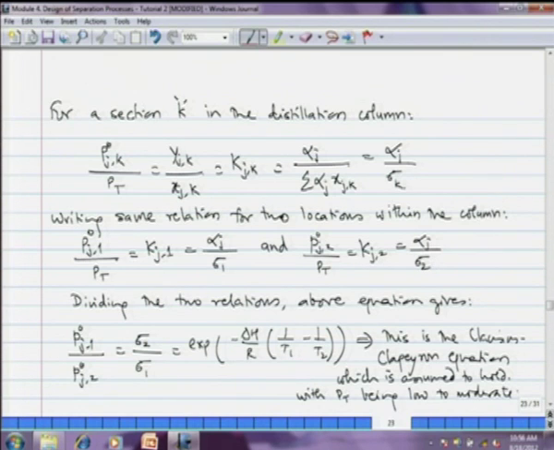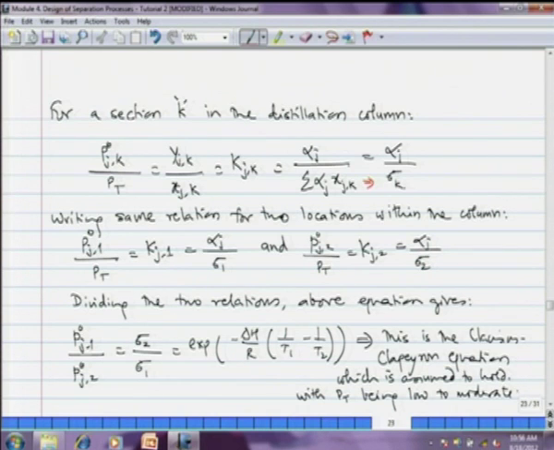And using the relation that we just derived, Kjk can be written as alpha j divided by summation alpha j into Xjk, where k is that particular section, and the denominator summation alpha j into Xjk we write as sigma k.